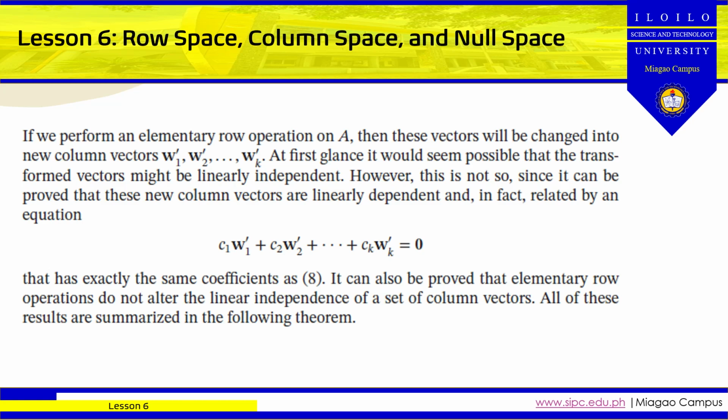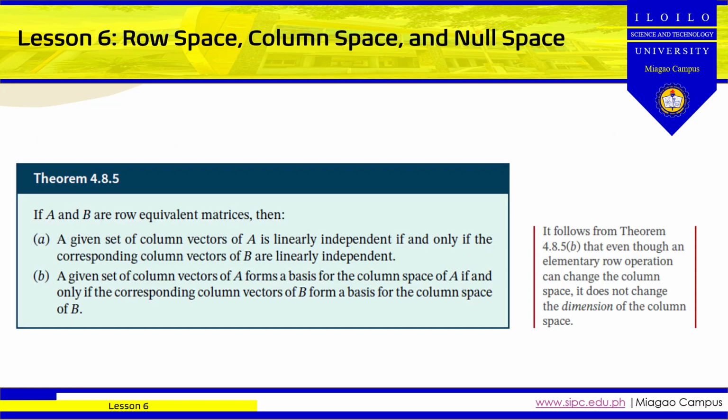It can also be proved that elementary row operations do not alter the linear independence of a set of column vectors. All of these results are summarized in the following theorem, theorem 4.8.5, which states that if A and B are row equivalent matrices, then a given set of column vectors of A is linearly independent if and only if the corresponding column vectors of B are linearly independent.